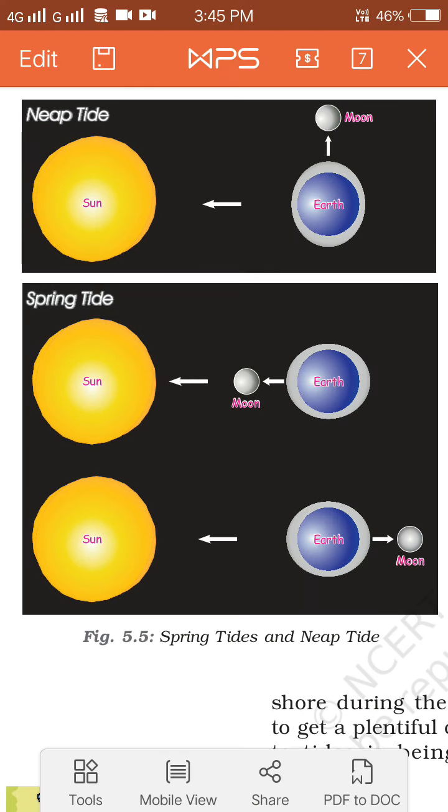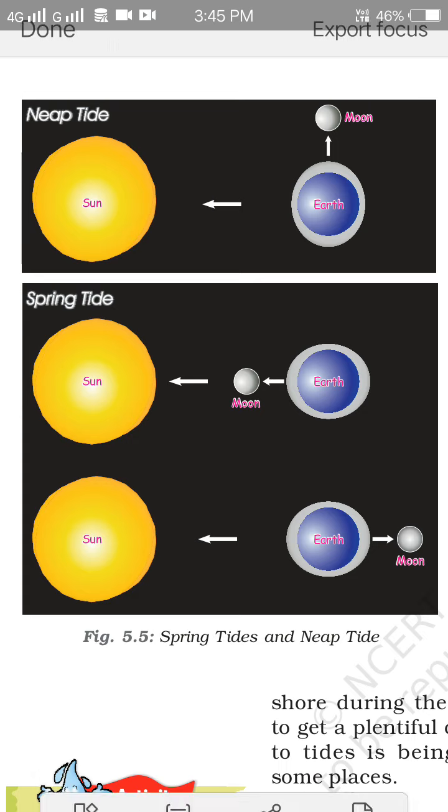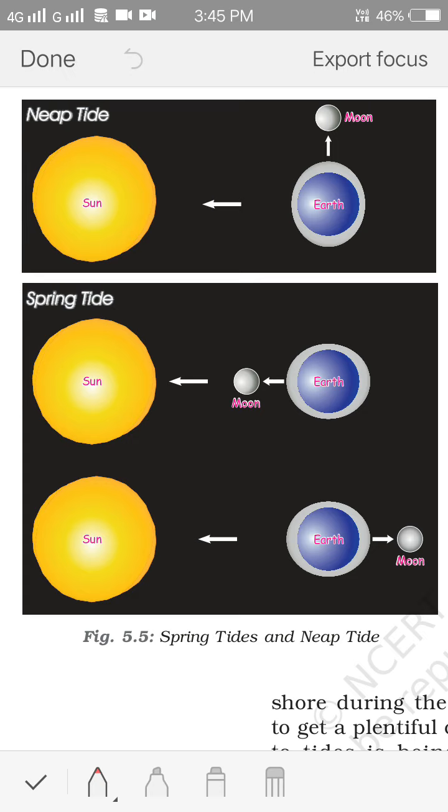Neap tides are the lowest tides. These are formed when the moon is in its first and last quarter. In this situation, low tides are formed, as the sun, moon and earth make an angle of 90 degrees.